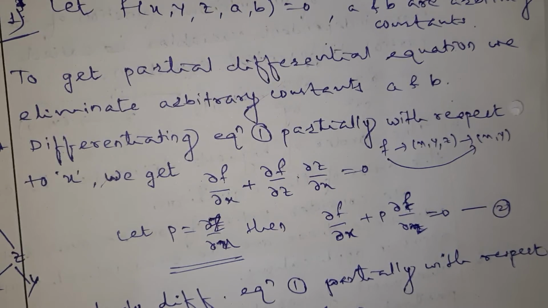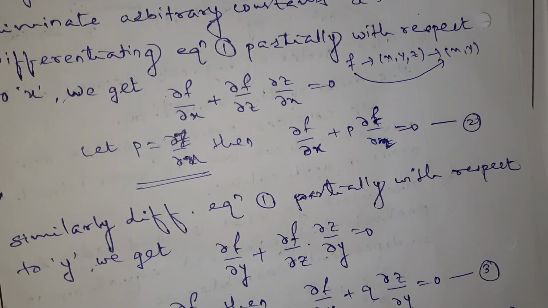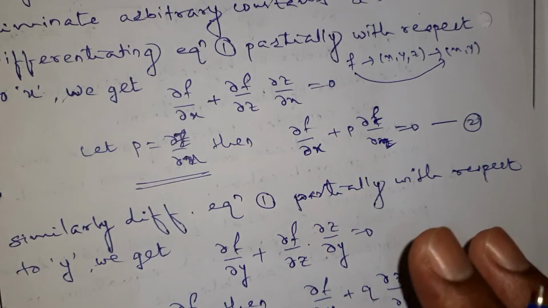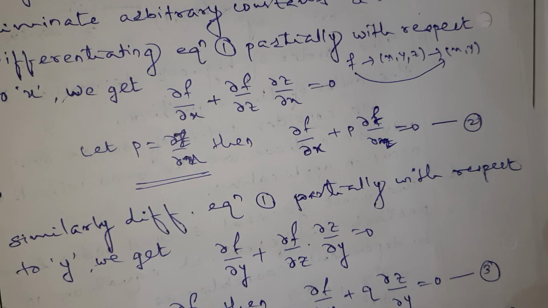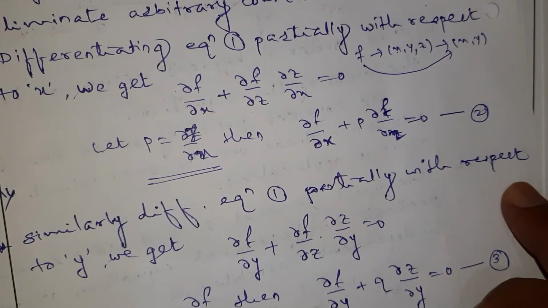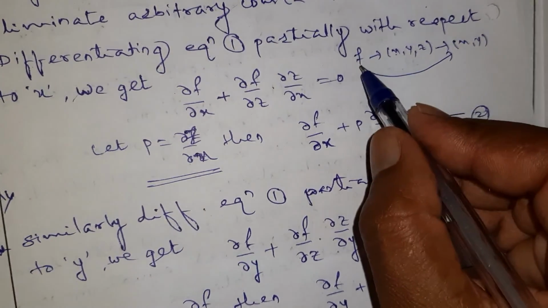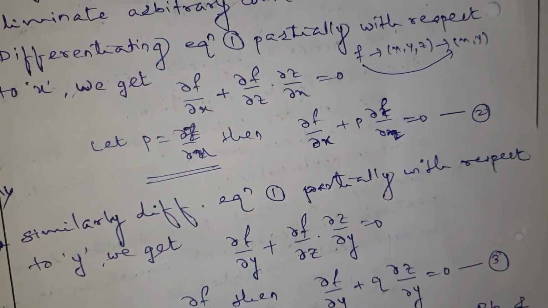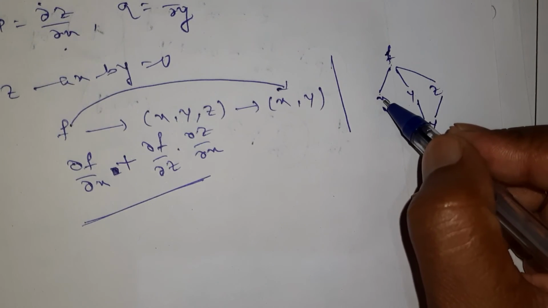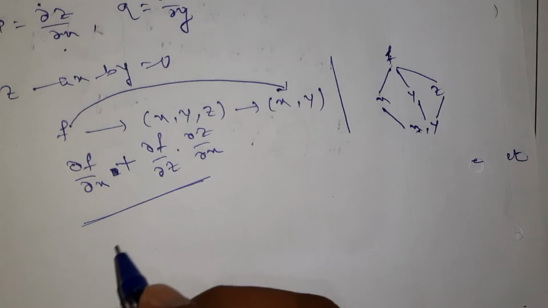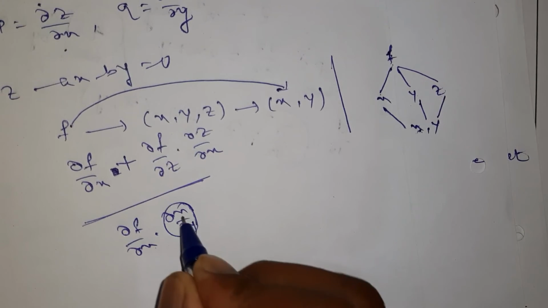Similarly, find the second equation. Similarly, we differentiate with respect to y. In the same way, in the figure we will see, f with respect to x and x with respect to y: dou f by dou x into dou x by dou y, this term is 0.